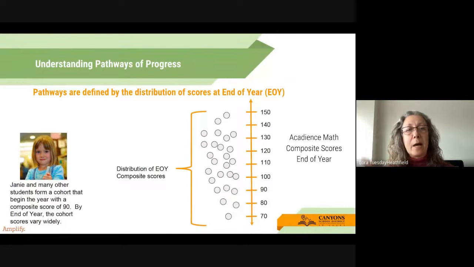So then the pathway that we target is defined by the distribution of scores at the end of the year. So although Janie scored 90 and other students scored 90, their score at the end of the year might vary considerably. And so how those pathways were developed is they looked at the range of scores that students at the same starting point could possibly achieve at the end of the year.